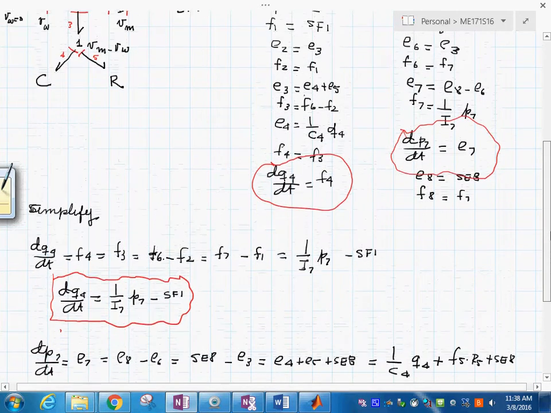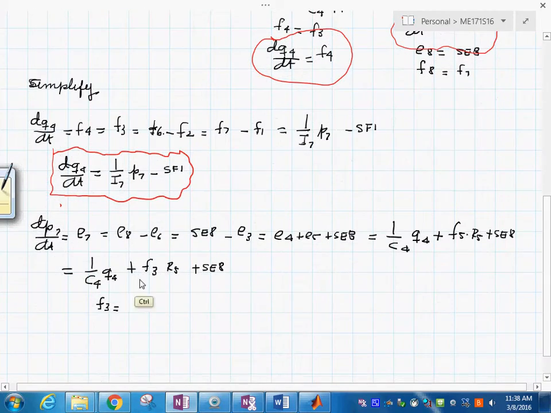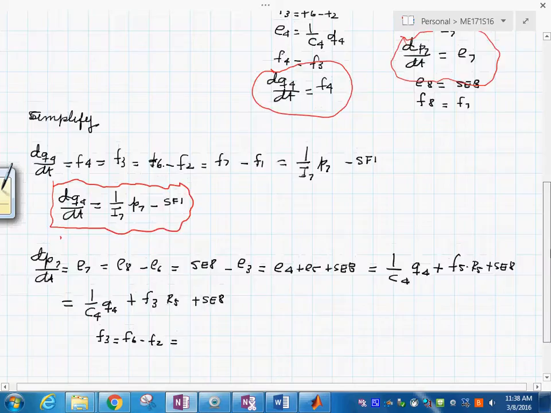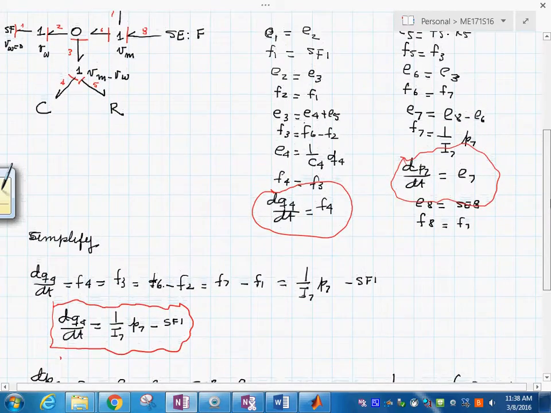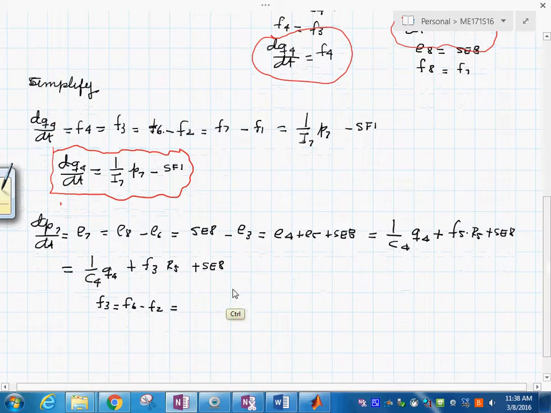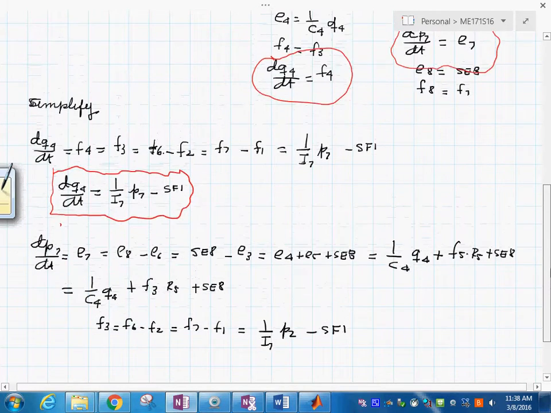So if this is true, then we have that dP sub 7 dt is equal to 1 over C sub 4 Q sub 4 plus, in parentheses, 1 over I sub 7 P sub 7 minus SF1, multiplied by R5, plus SE8.